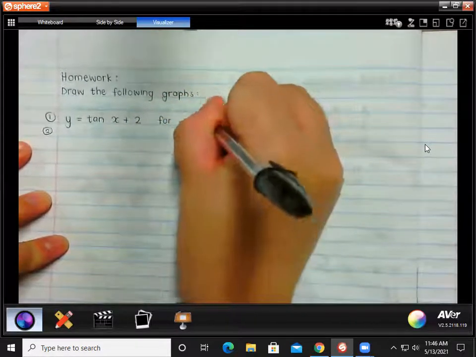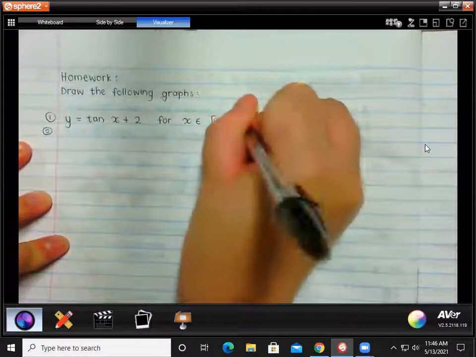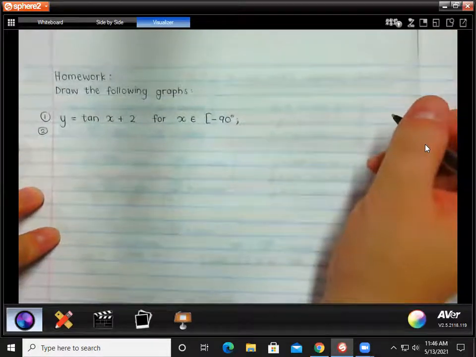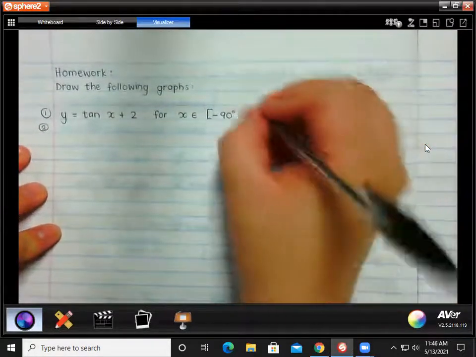I'm also going to change the domain now. It's not good for you to just practice 0 to 360 all the time because it might not be that in tests or exams.